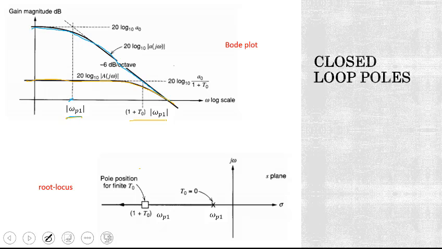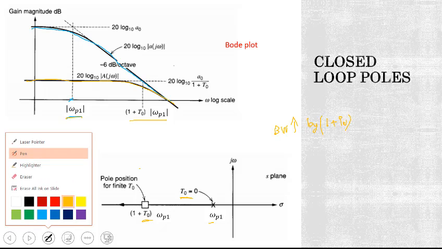in the case of a closed loop system, and we can visualize that in the other way by having beta equal to 0, or T0 equal to 0. And when we have a finite amount of T0, that would move our pole to a much higher frequency. So in short, the bandwidth of the system has increased by a factor of 1 plus T0.